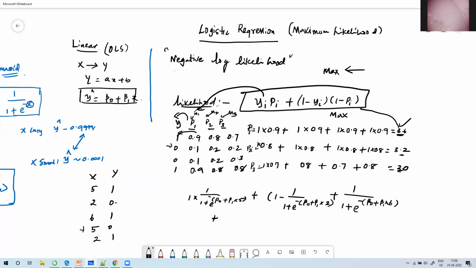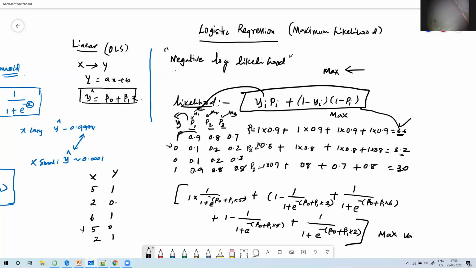For the fourth observation, 1 minus 1 by 1 plus e to the power of negative beta naught plus beta 1 into 5, and the last observation, 1 by 1 plus e to the power of negative beta naught plus beta 1 into 2. This is our cost function. And we want to find out the values of beta naught and beta 1 in such a way that this cost function takes the maximum value.